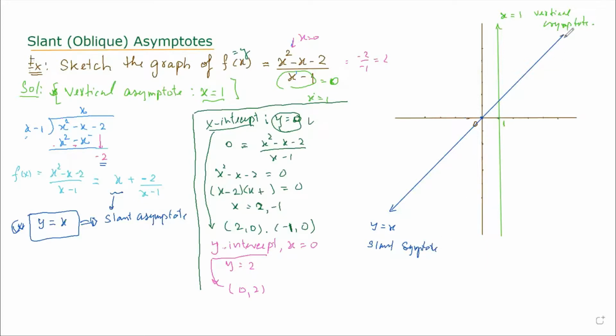Okay, and again, this one has to be a dotted line, because it's an asymptote, right?